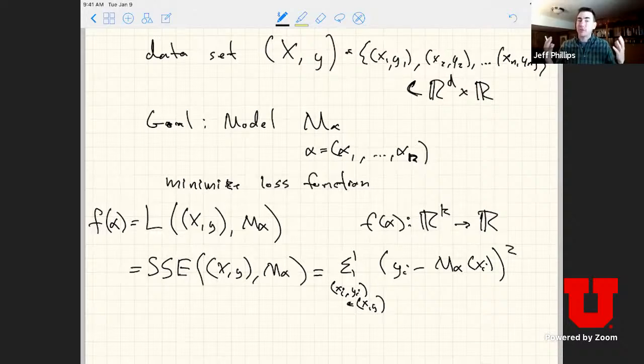For classification, we'll start here and show that there are some issues with this version, and we'll look at other loss functions. But we'll use gradient descent within the classification framework as one of the tools.